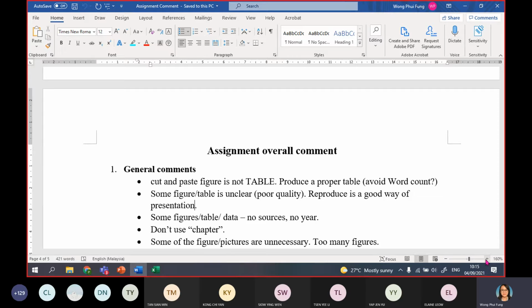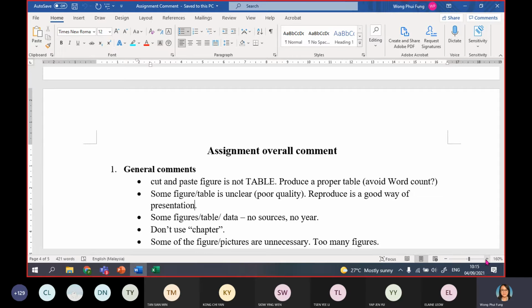They actually reproduce some of the table to highlight the key important message only. Because let's say you extract a figure or table from other sources, you want to show one line only. So for that group, they reproduce it to just highlight certain information.